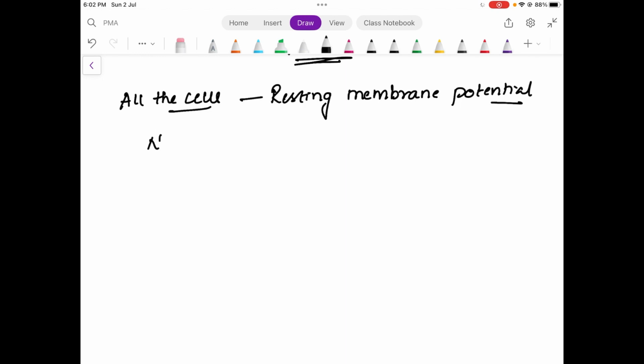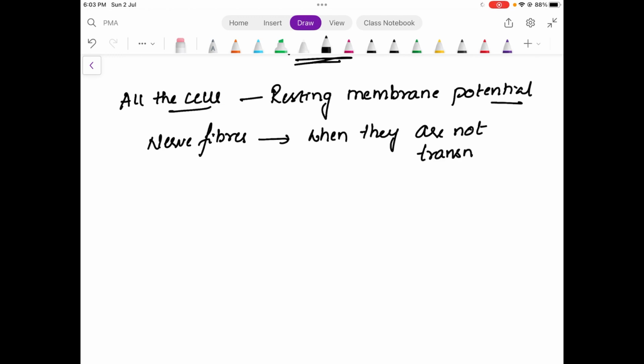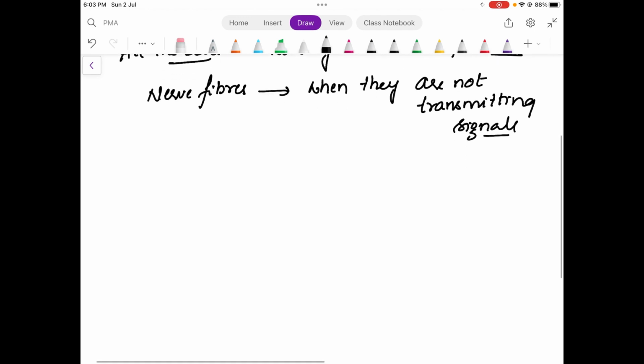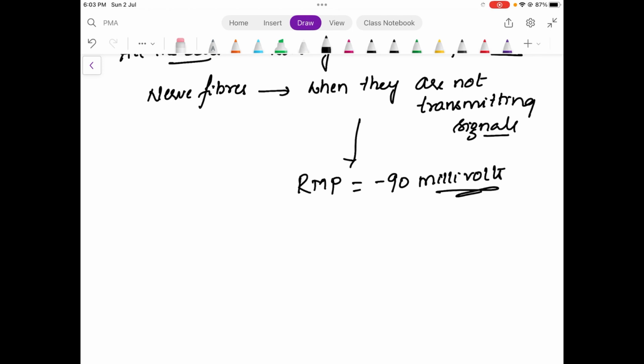That means whenever the nerve fibers are not transmitting signals, they will have a potential inside them, and that potential is called the resting membrane potential, and this resting membrane potential is around minus 90 millivolts.